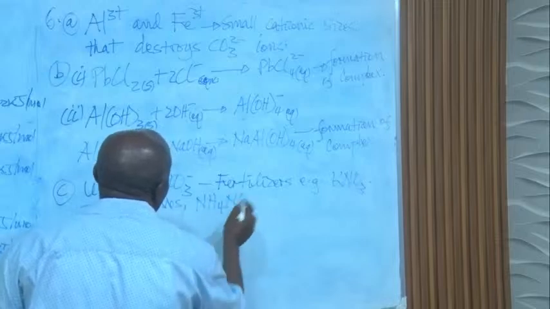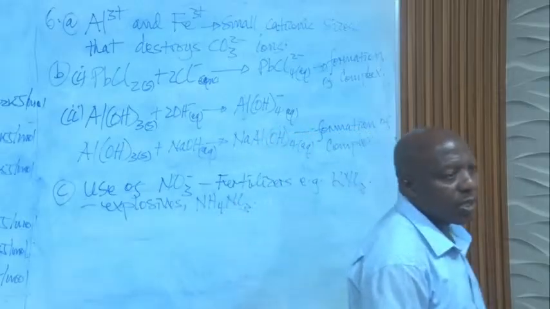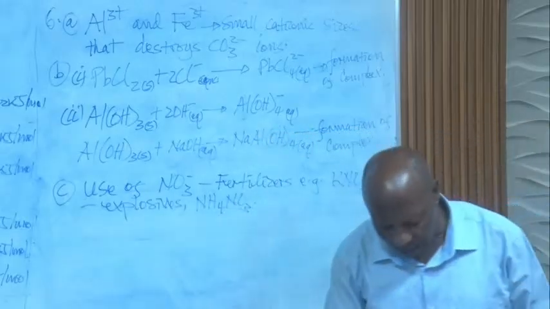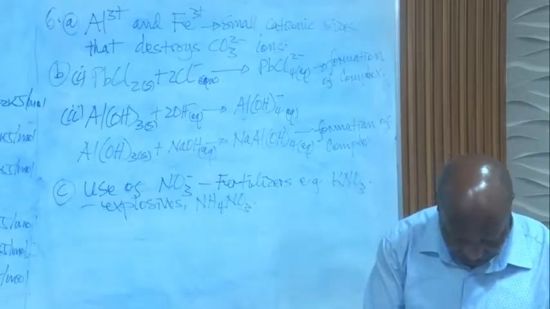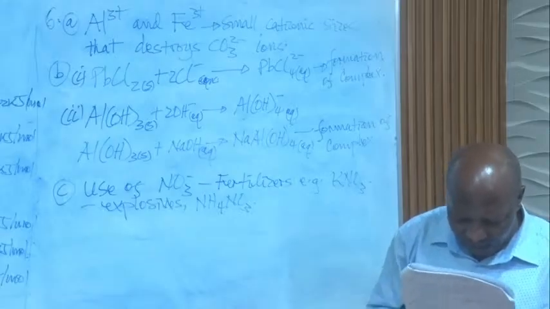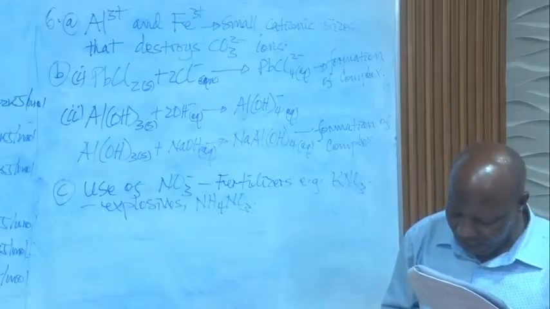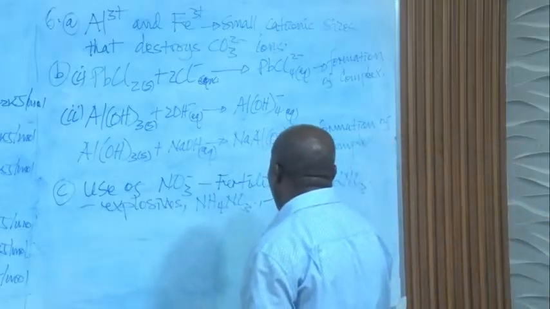Ammonium nitrate is one of the explosives. So explosives can be used in mining and in other places. So that is one of the applications, the manufacture of explosives, and also for medication, e.g. heart pain.